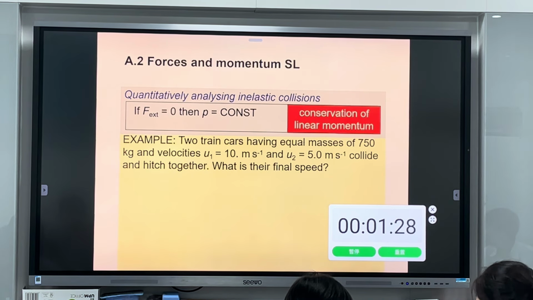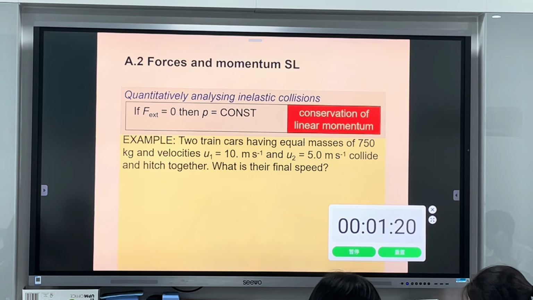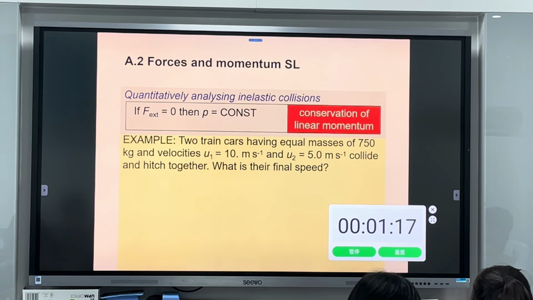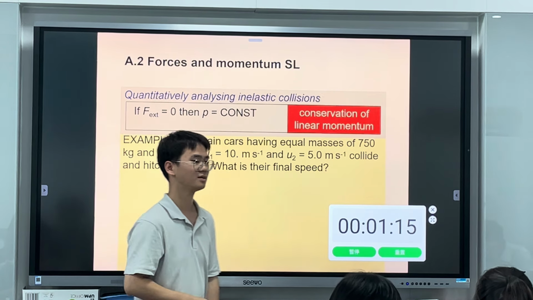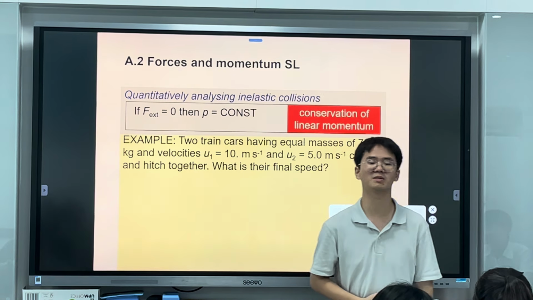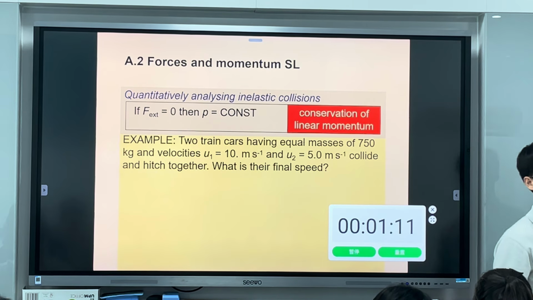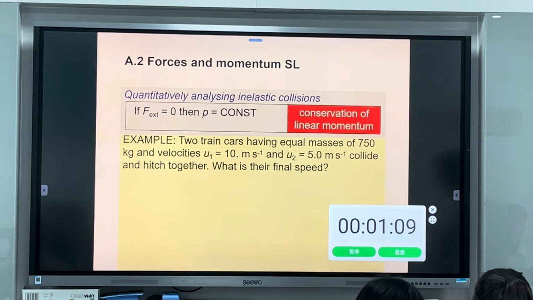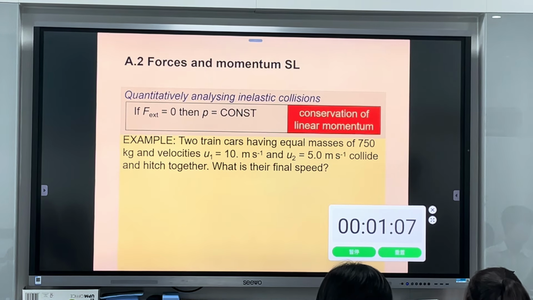I think this is even solvable for MYP, right? Follow the steps that I taught you in MYP. First, you find the total momentum before.